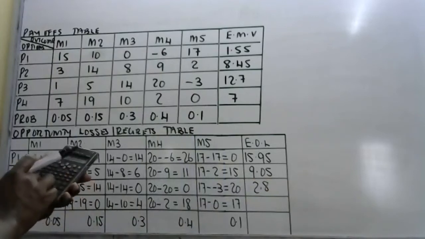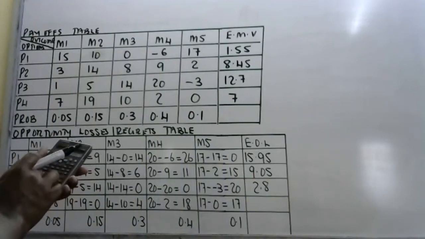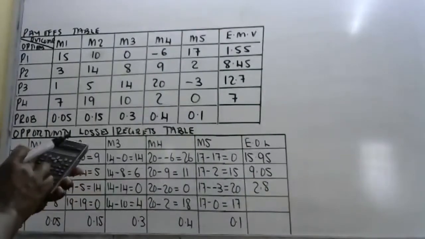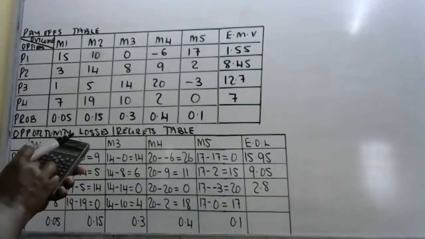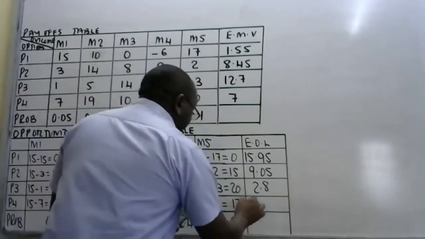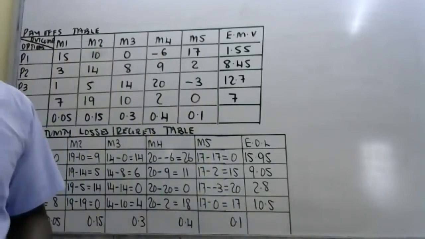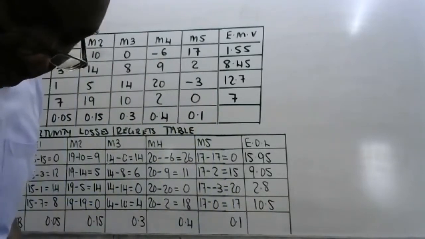Then 8 times 0.05 plus 0 times 0.15 plus 4 times 0.3 plus 18 times 0.4 plus 17 times 0.1. I'm getting 10.5.